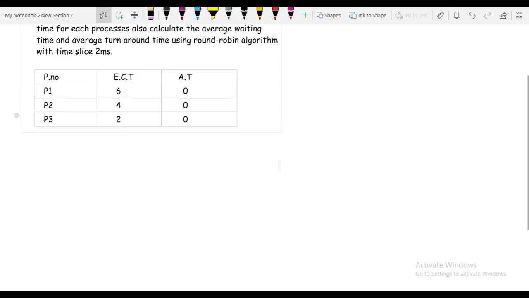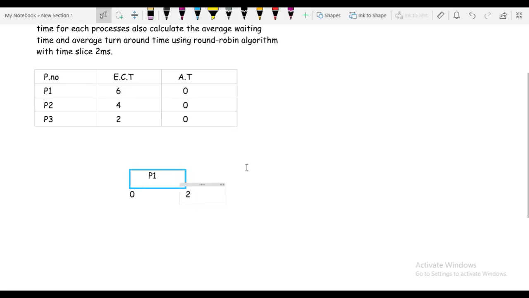So 3 processes have arrived. We'll consider P1 first. These 3 processes have arrived together, so we'll consider P1 first because there is no other option. P1 will run for the time slice of 2, that is 0 to 2.